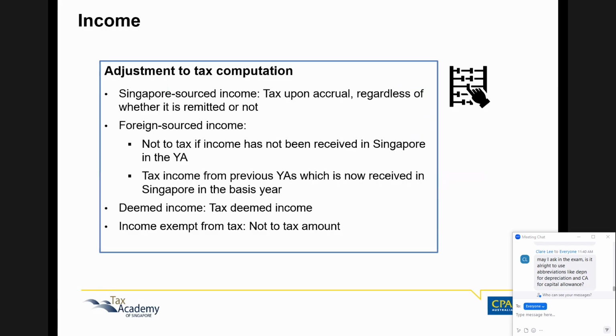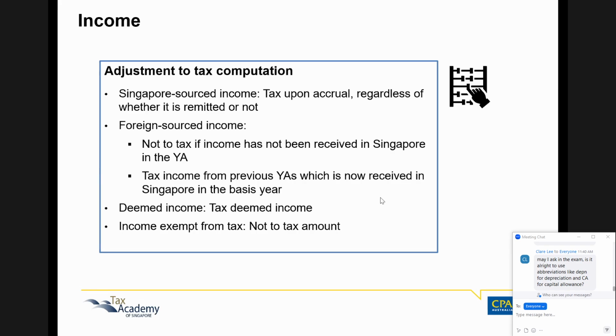So, what are the tax adjustments that we need to make to the tax computation? Singapore source income is taxed upon accrual, regardless of whether it is remitted. No such thing as remitted or not, it's just upon accrual. Foreign source income: if it has not been remitted back to Singapore, no tax.